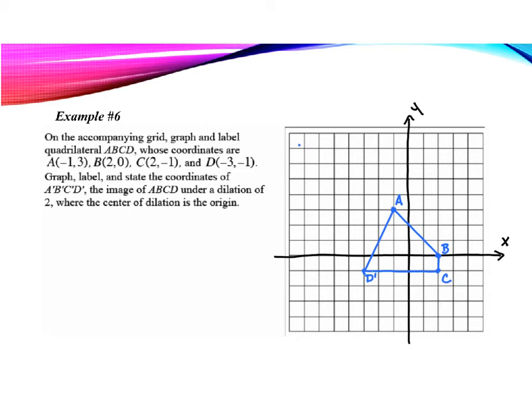Alright, in this example, I already have the pre-image drawn for us. We're given these points, so I went ahead and plotted them, and you need to do the same thing on your paper. Then we're going to follow this right here. We are asked to use a dilation of 2.